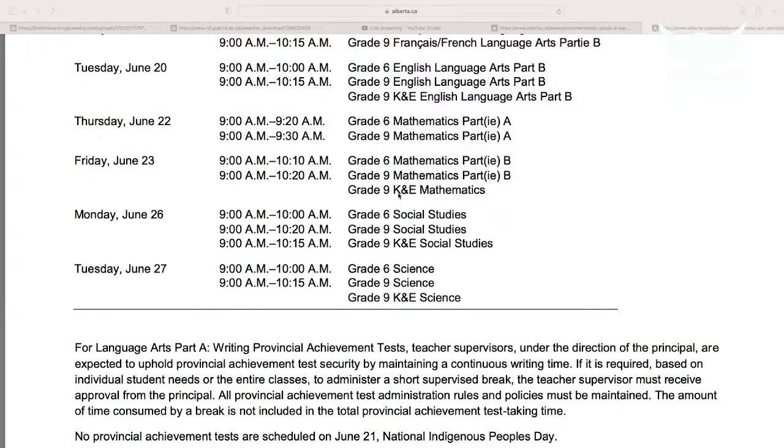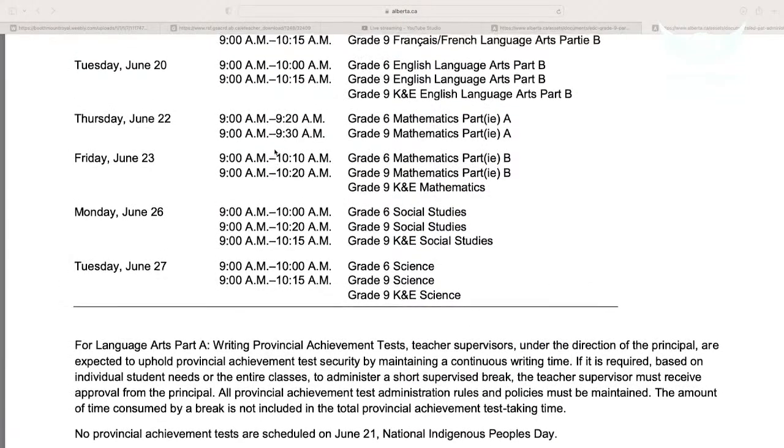As you can see, Part A is scheduled for June 22nd, it's Thursday, from 9 a.m. till 9:30 a.m. So Part A will be 30 minutes, and Part B is scheduled for June 23rd from 9 a.m. till 10:20 a.m. So Part B will be 80 minutes.